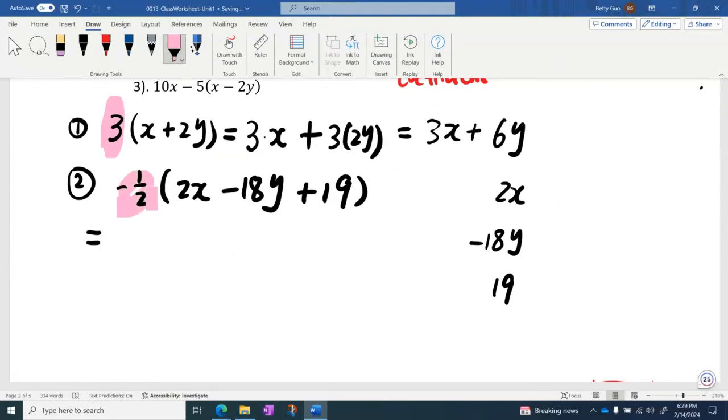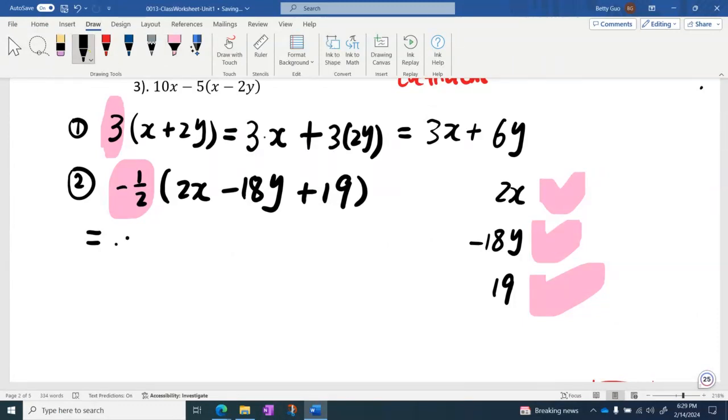We are going to distribute the coefficient. We are going to give each of the three terms a coefficient of -half, simply multiplying each of the three terms by -half.